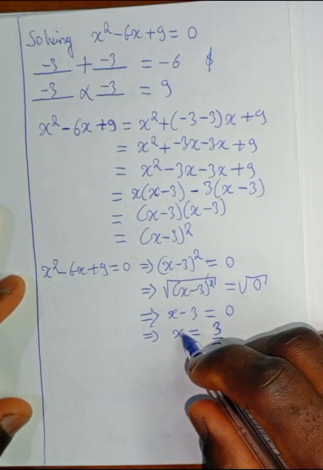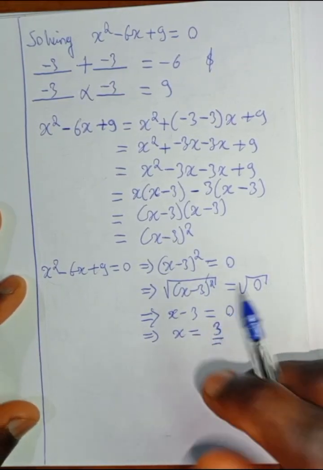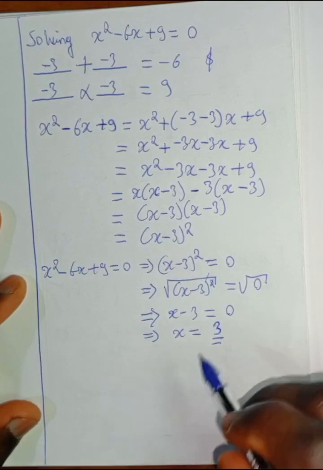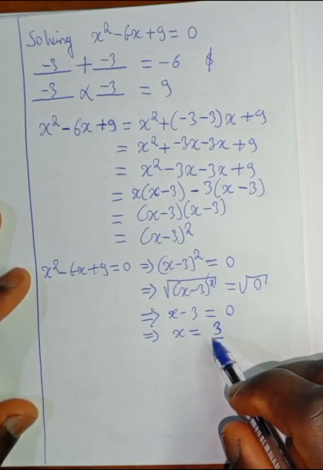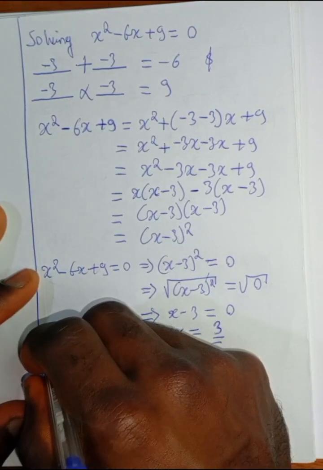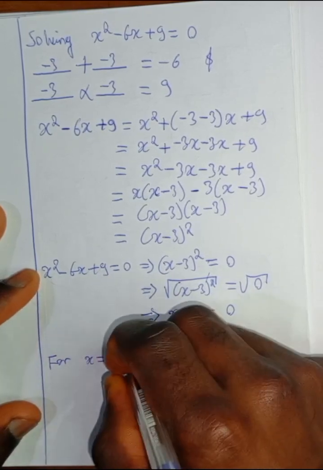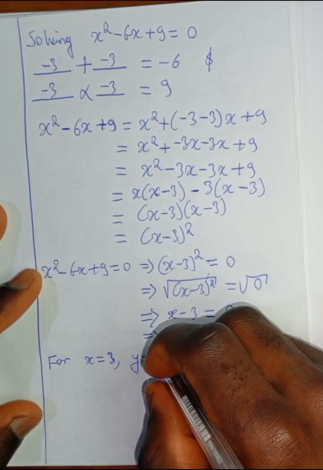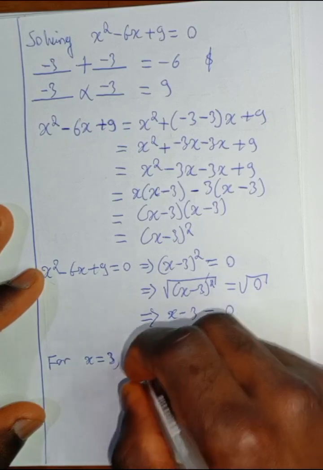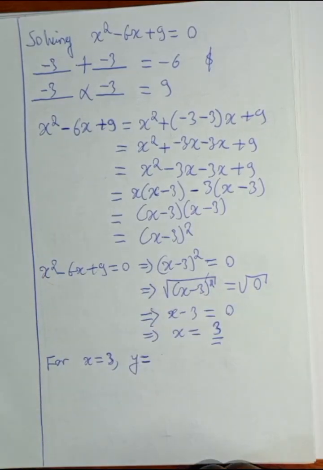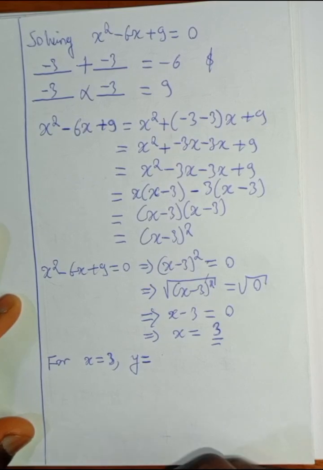Now, this value x equals 3 is simply our x coordinate. By making use of this value, we can find our y coordinate. For x equal to 3, we replace x with 3 in either of the equations, whether the equation of the line or the equation of the curve.